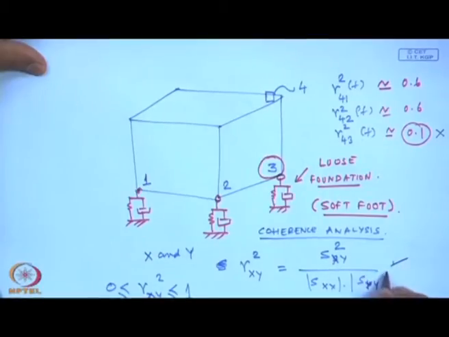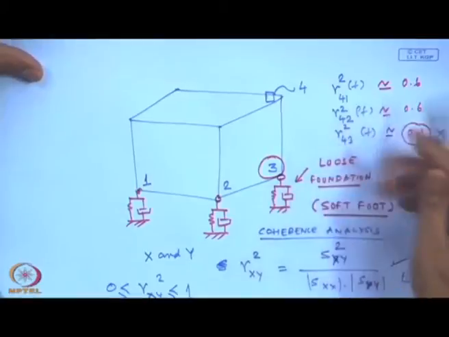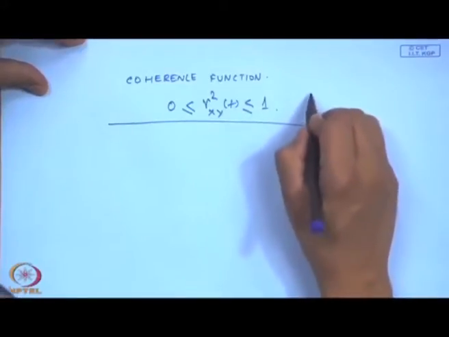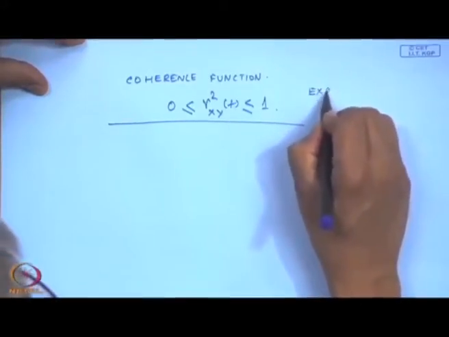Of course, modern FFT analyzers have these functions built in. So, you can measure the coherence, and if there is a soft foot, the coherence would be poor in the given frequency domain. So, this is another way such looseness can be detected, and in fact, coherence also has a very important application in experimental modal analysis.